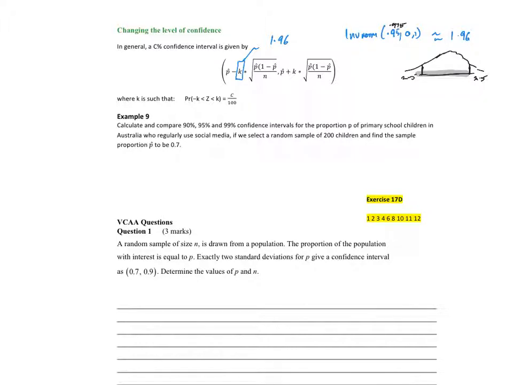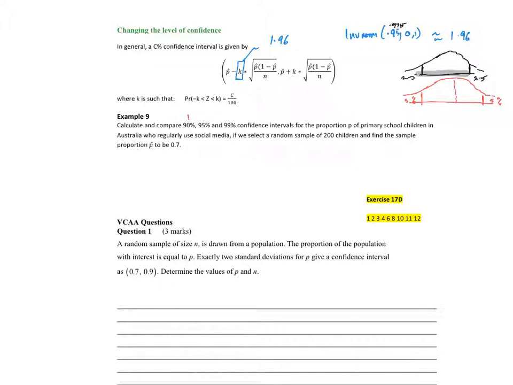Using the same logic, if I wanted to get a 90% interval, it means that I want 90% between there and there, which means 5% there and 5% there.